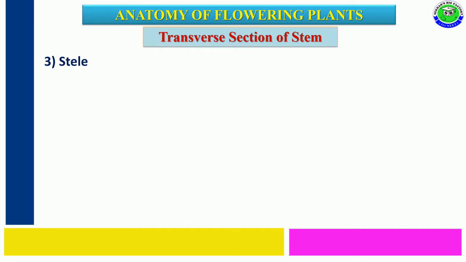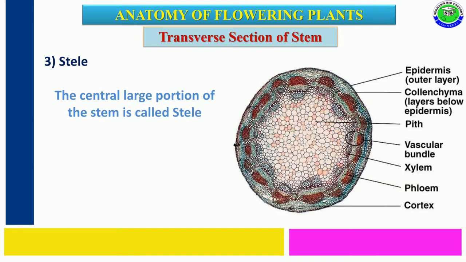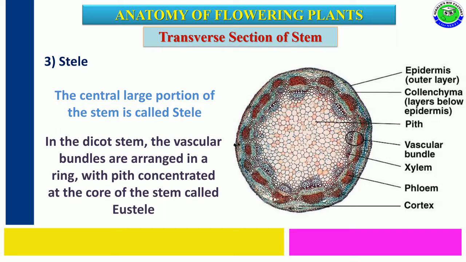The third part is the stele. The central large portion of the stem is called the stele, and in the dicotyledon stem one important feature we can observe: many vascular bundles are present in the core of the stem in the form of a ring.